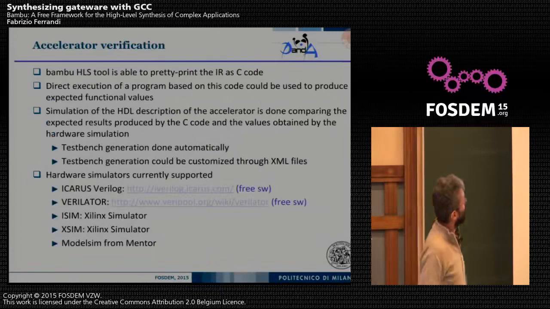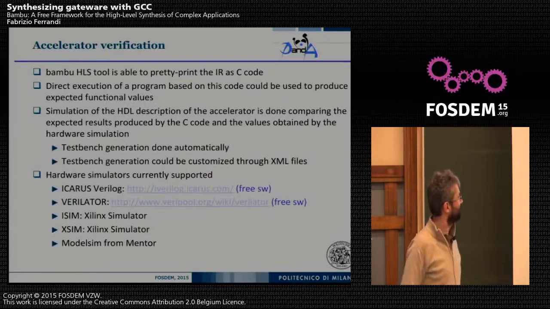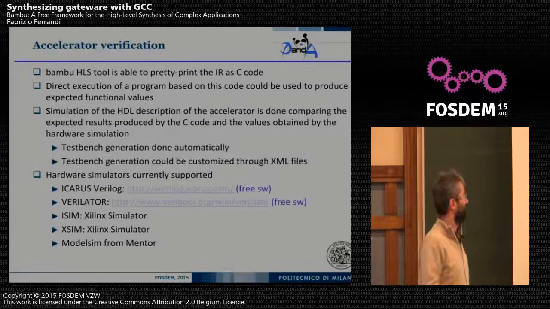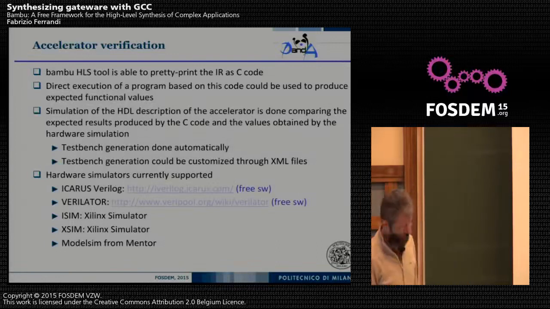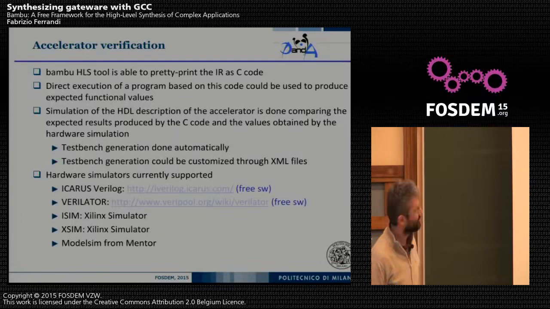There is support for verification, with automatic generation of test benches. We exploit two free software projects to perform such simulation, in particular Icarus Verilog and Verilator. We also support some commercial tools like ModelSim, iSim, or XSim from Xilinx.